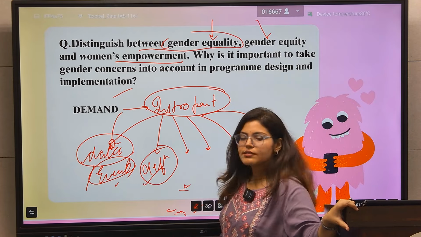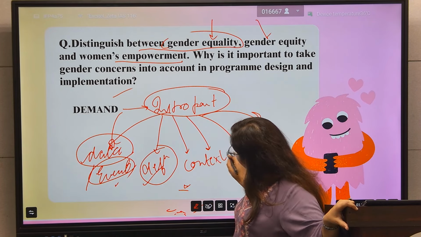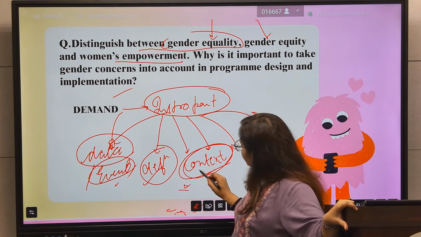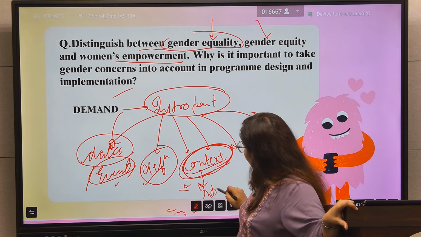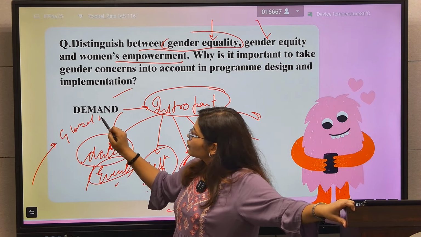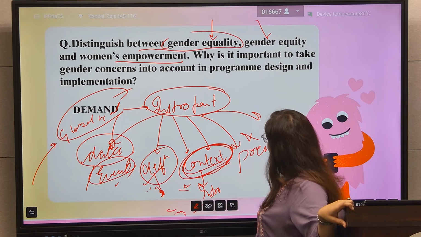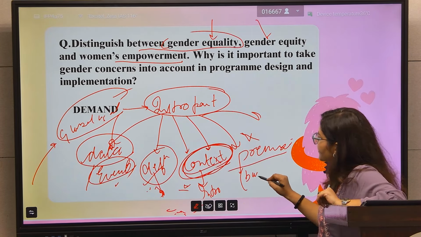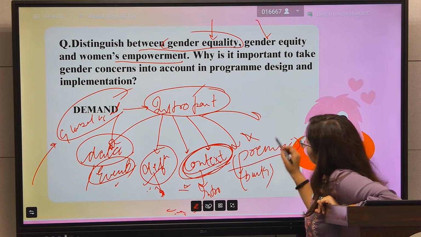If you know the definition, start with the definition itself. Third is context. Many questions UPSC asked in the context of, in the light of, so you write your introduction in that context. Suppose something is asked in the context of globalization, it is good to start with globalization. Fourth is premise. Premise means if you know any background, then you write that background in the intro part. Fifth is significance.